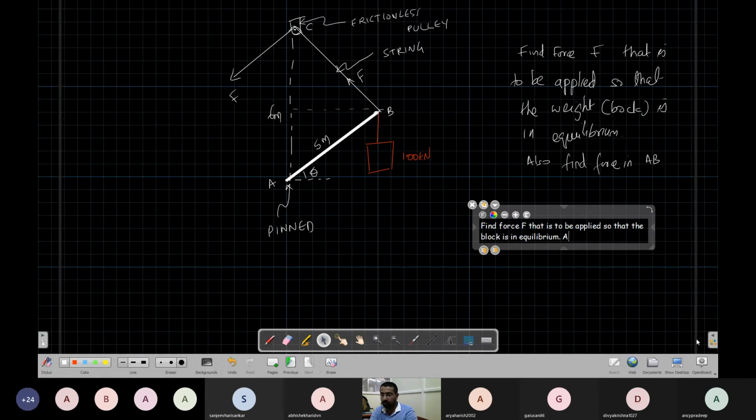Also find the force in rod AB, which is hinged at, and assume the pull sections.